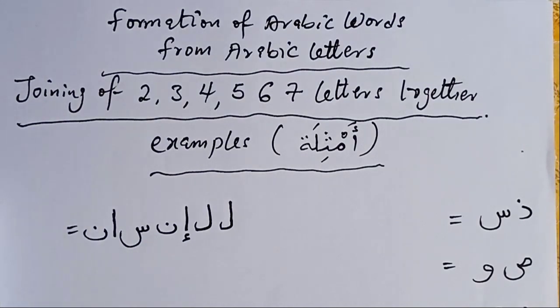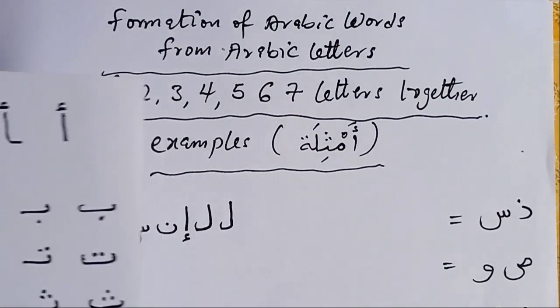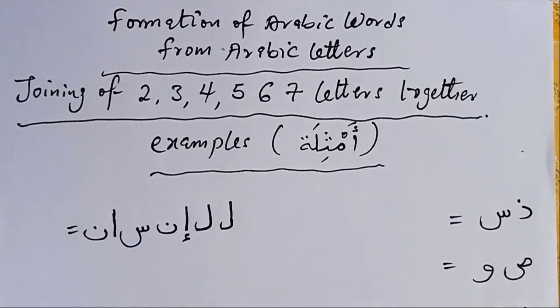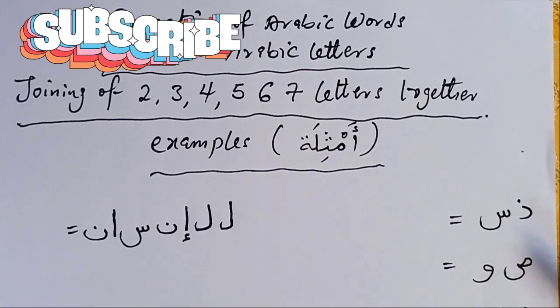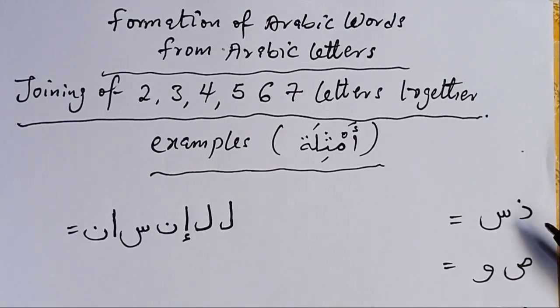From the first example, we have Dal and Sin. In order to join Dal and Sin together, we were told in the previous lesson that whenever a disjoint letter precedes a joint letter, they will not be joined together.